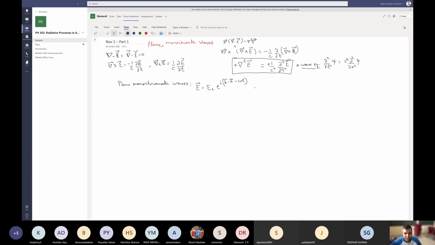Similarly, we have B, and this E naught is actually a vector. The time and space dependence has been absorbed in this e to the i factor, and this can also have a phase. So E naught in general can be complex.